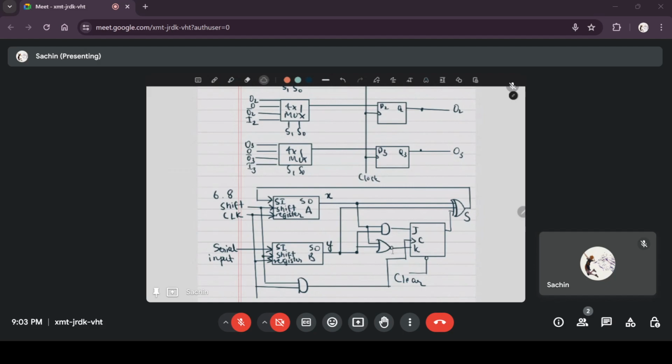Then after one clock pulse, the values are shifted to the right. So the LSBs of A and B, which are 1 and 1, are given to X and Y. So X and Y are 1 and 1. Initially the carry is reset to 0. So 1 XOR 1 XOR 0 is 0. So the sum is 0 with a carry 1. And that carry 1 is stored in the JK flip flop.